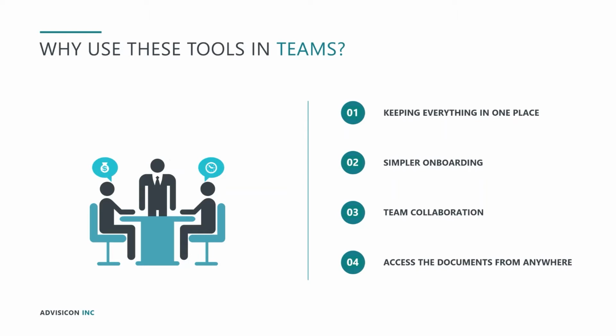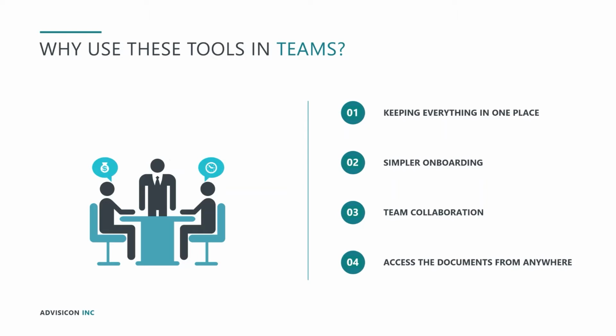So if you keep everything in the document library, you're promoting a collaborative hub for your projects where everybody knows where everything is. On top of that, if you go the further step of integrating these tools into Microsoft Teams, it saves the time spent hunting through those document libraries.